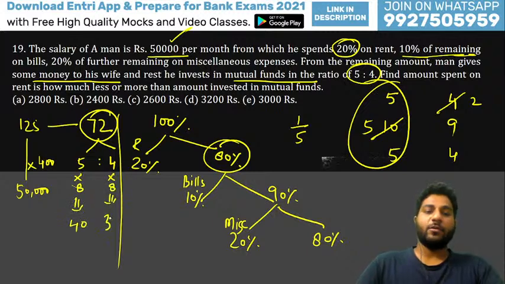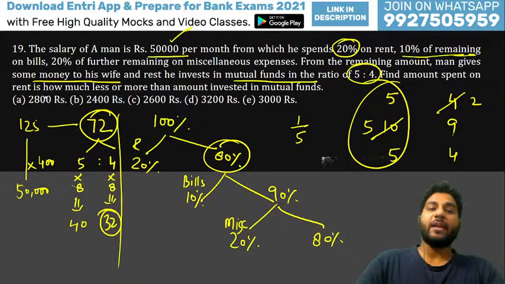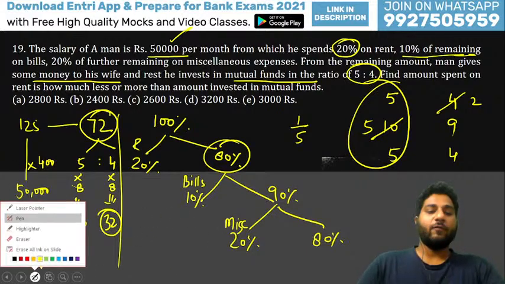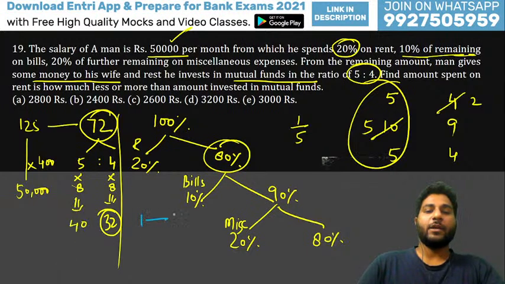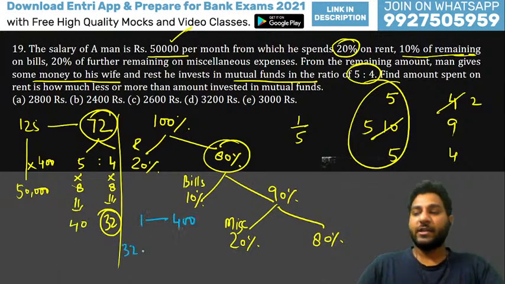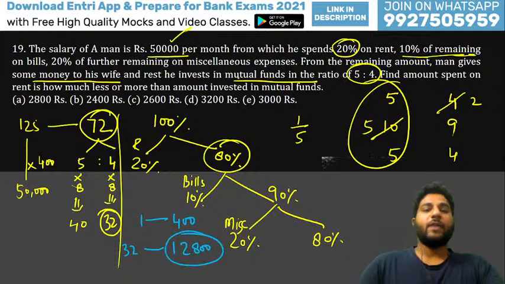Very good. I'm doing it slowly so you can understand. Find the amount spent on rent. If 1 ratio equals 400, then 32 ratio equals 12,800. So we have got the funds for the mutual fund.